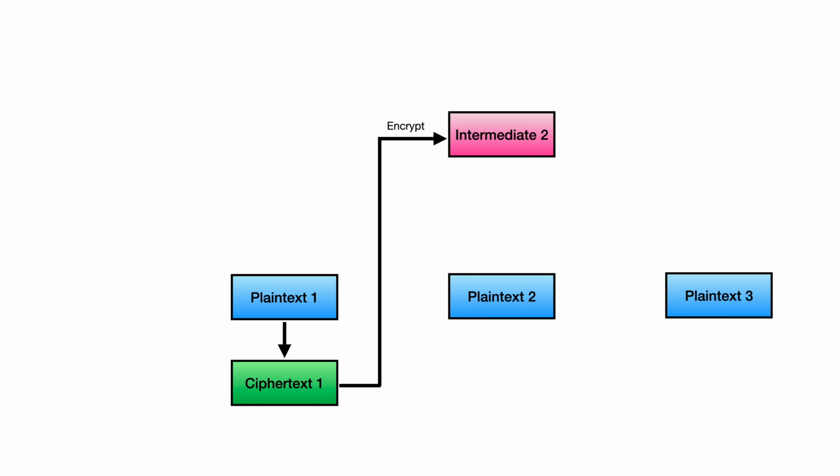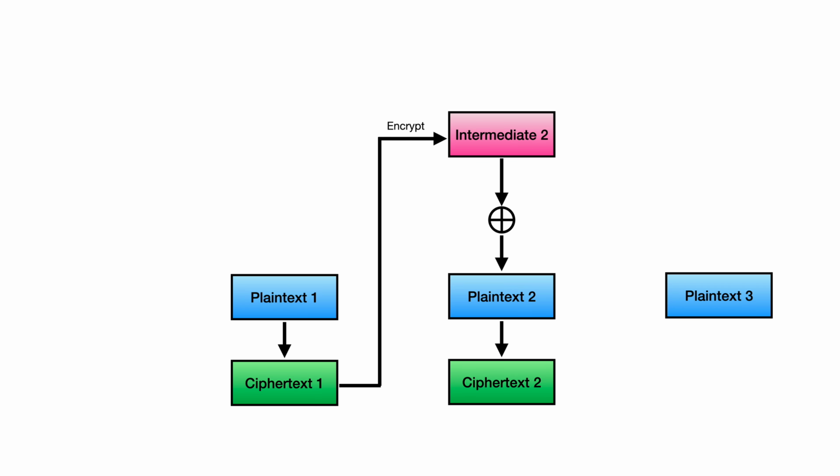Then this intermediate value is going to be XOR'd with the plaintext 2, and the result of this XOR is known as the ciphertext 2. So it will form the ciphertext 2 of the plaintext 2 by the XOR of intermediate 2 and the plaintext 2.